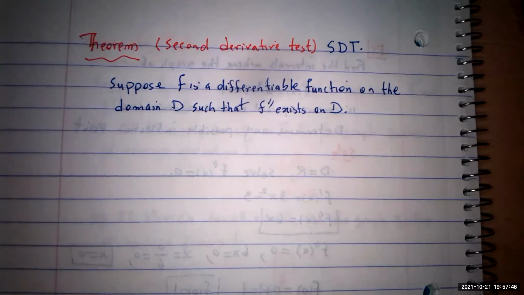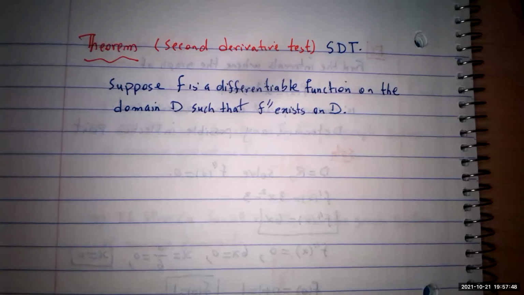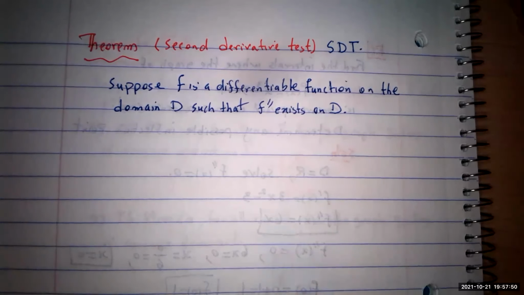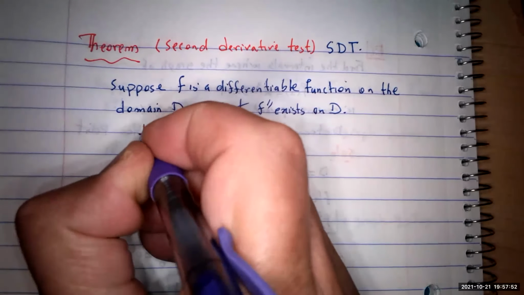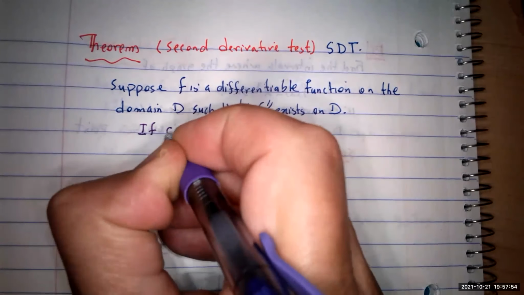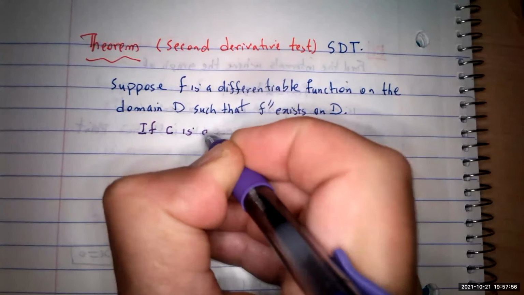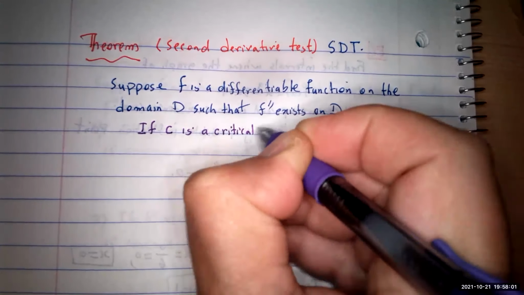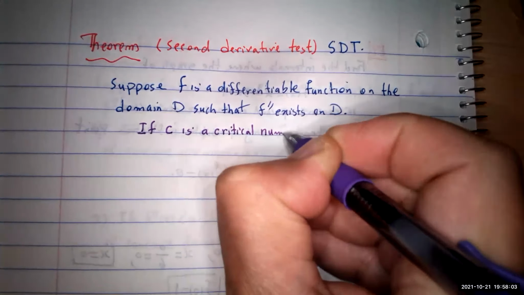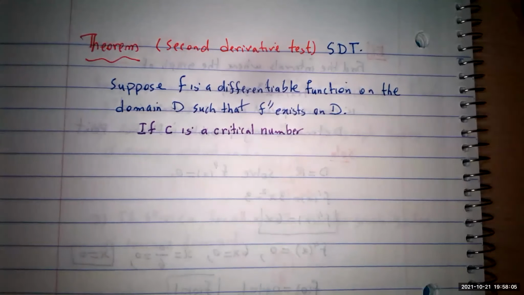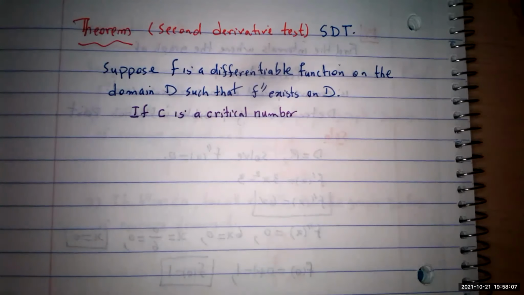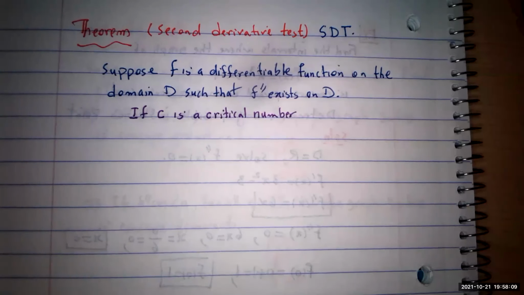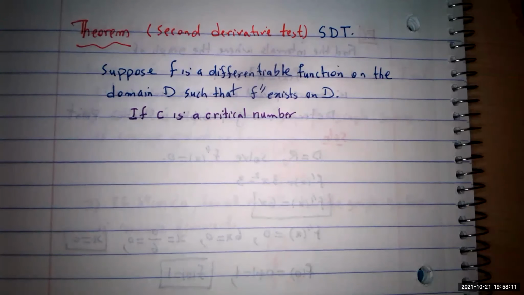So what is the question? You give me a critical number, and I test it for you. If C is a critical number, this means you already let F prime equal to 0 and you find your C, but you don't know whether you get a maximum or a minimum.